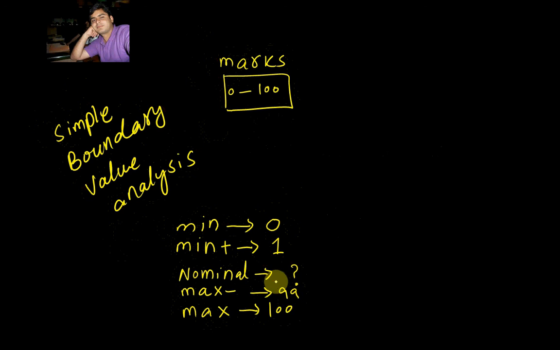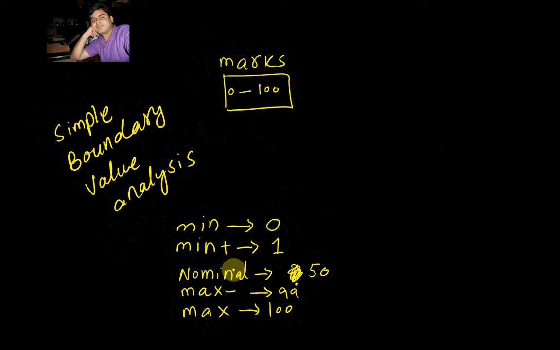Now what about the nominal value? Nominal value is the most typical value in the data. For example, from 0 to 100, 50 is the most typical value, so we put 50 as the nominal value. It can be 51, 52, or 49, but normally we take a nominal value which is not near the boundaries.